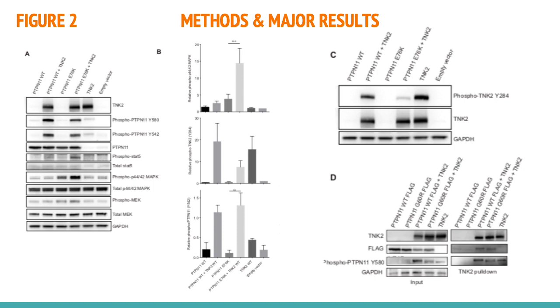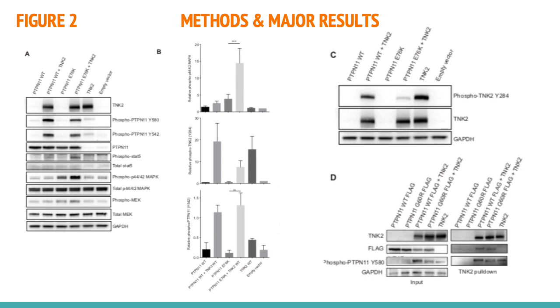It also showed increased phosphorylation of PTPN11 at residues Tyr542 and 580, and we can see this in figures 2A and B. And it reduced the phosphorylation of TNK2 at Tyr284, which was involved in activating TNK2, when co-expressed with PTPN11. But this was more pronounced with the mutant PTPN11, and we also see this in figure 2C.